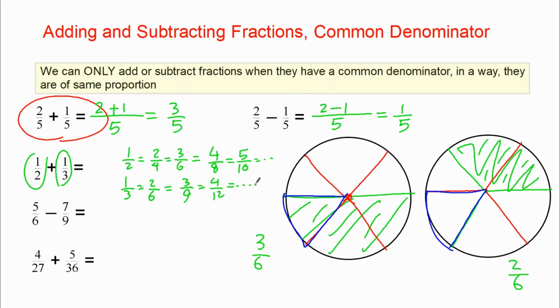So if I look at these two and compare them together, I can see that this 3 over 6 and 2 over 6 have the same denominators. So to get to a common denominator, instead of 1 over 2, I can write 3 over 6, and that would be plus 2 over 6, because I am just putting in their equivalents.